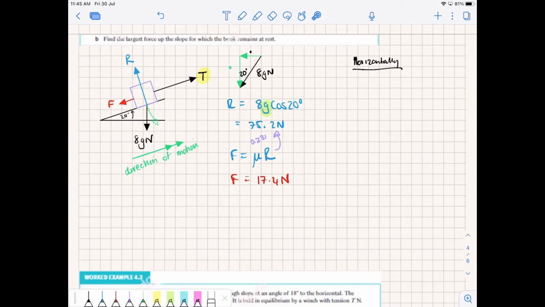Don't forget about the weight of an object. It's always there. These objects are in equilibrium, which means that the forces acting in opposite directions must be equal to each other. So the friction is acting in one direction, the horizontal component from the weight is acting in the same direction, and the tension is acting in the opposite direction to them.